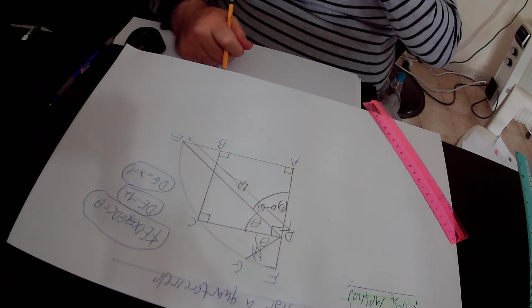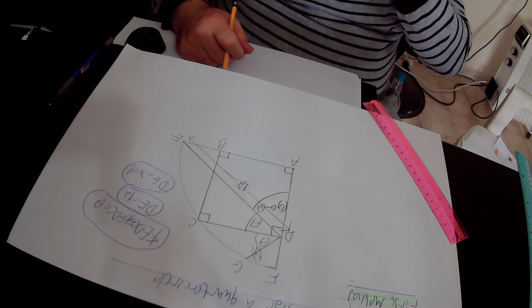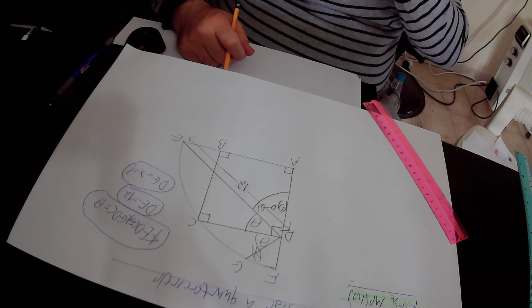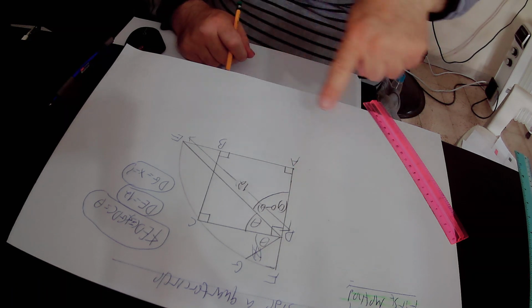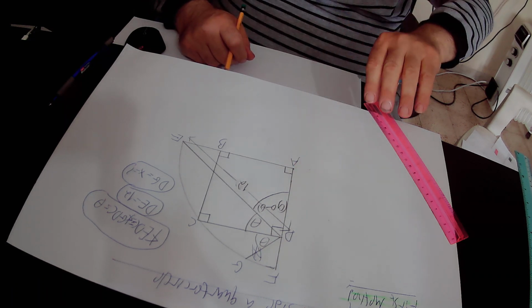Okay. So in the next step we'll extend line segment GD and line segment EA by straight line until they touch each other.